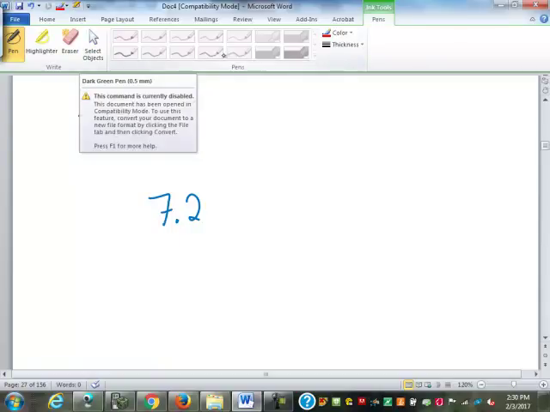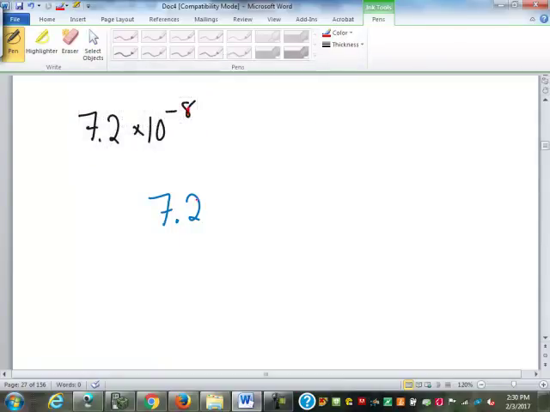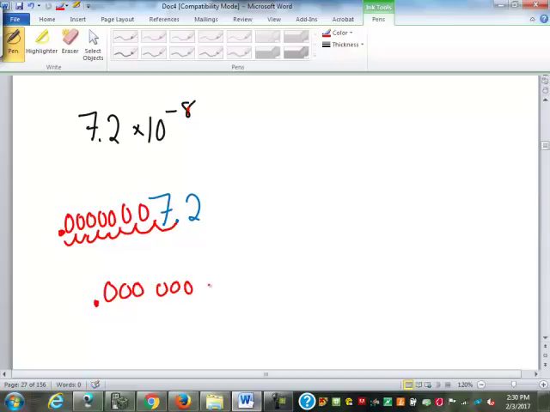I have to make my number smaller by moving the decimal 8 spots. So 1, got to add a 0, 2, 3, 4, 5, 6, 7, 8. There's where my decimal point ends up. So that is point 1, 2, 3, 4, 5, 6, 7, then the 0.72.